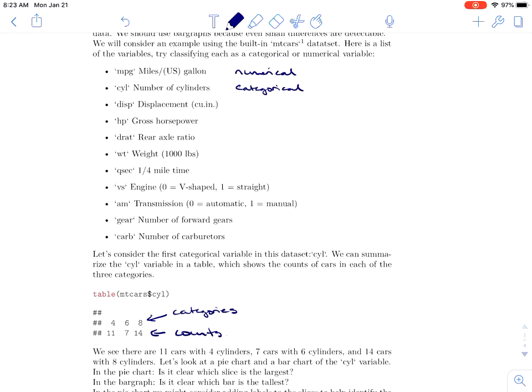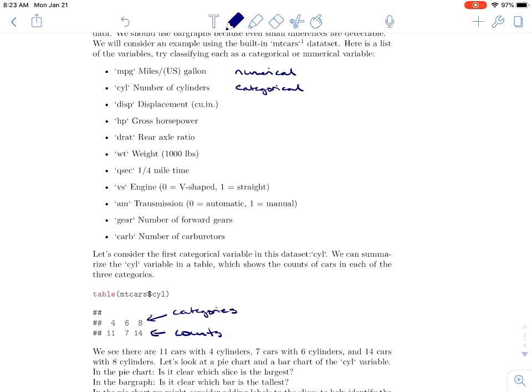Doesn't matter. But here, one thing to note is 0 is denoting the V-shaped category. And so we do that quite a bit, where we use a number to denote a category. So even if you're seeing numbers, they might still be categories.